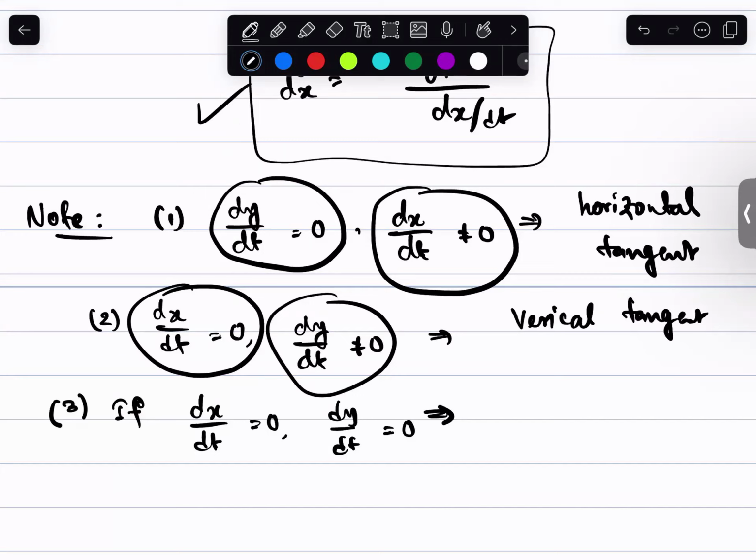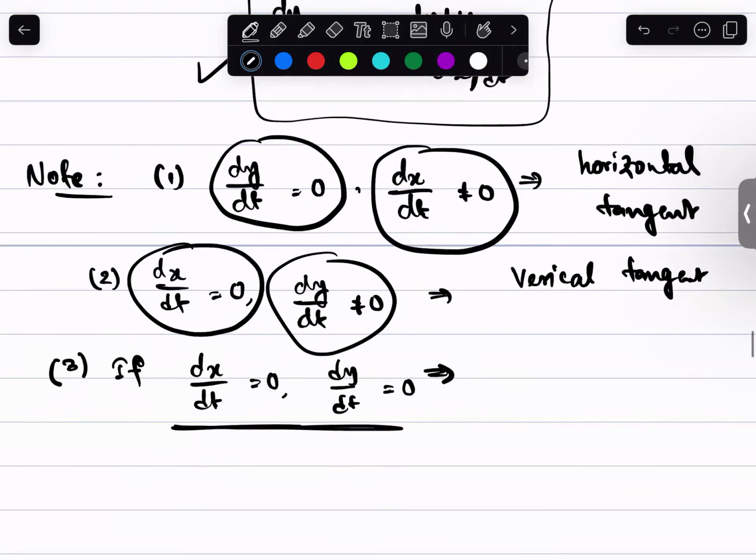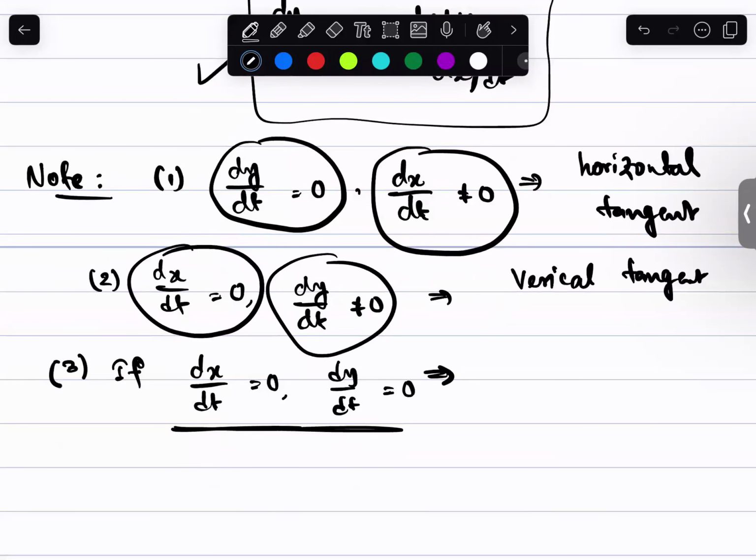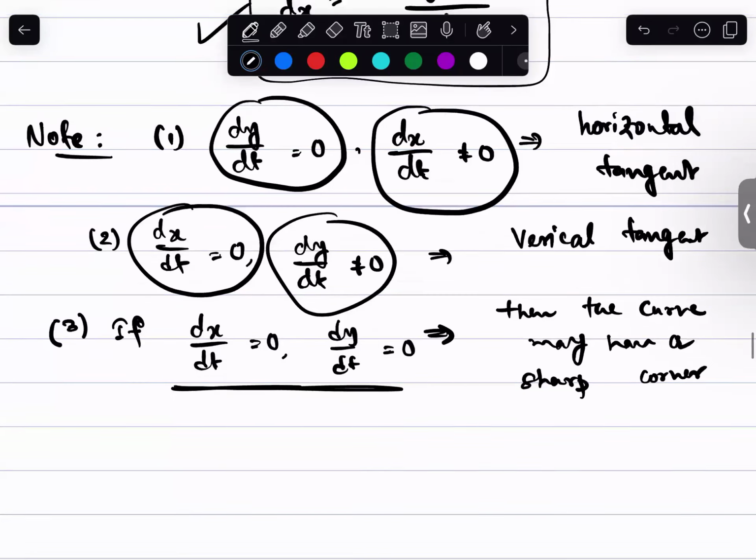If dx/dt is 0 but dy/dt is non-zero, I'll have a vertical tangent. And if both of the derivatives at t are 0 for the parametric curve, I can only say that the curve may have a sharp corner or cusp at the point.